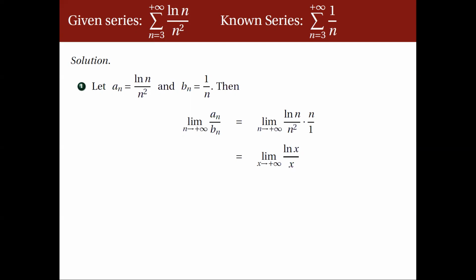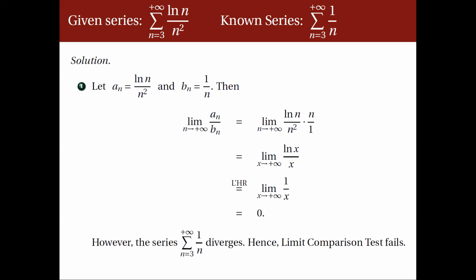Using L'Hopital's rule, we get the limit 1 over x, which is equal to 0 as x goes to infinity. However, the series summation of 1 over n diverges. At base sa second case ng limit comparison test, wala tayong conclusion na makukuha dito. Hence, limit comparison test fails.